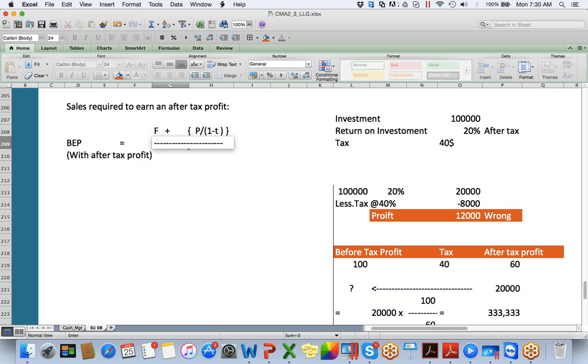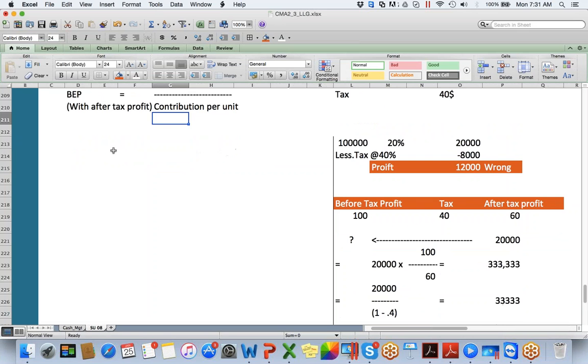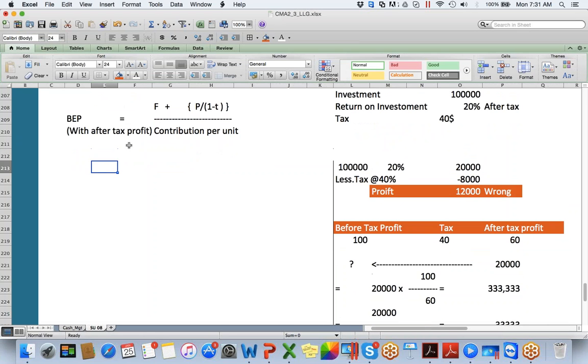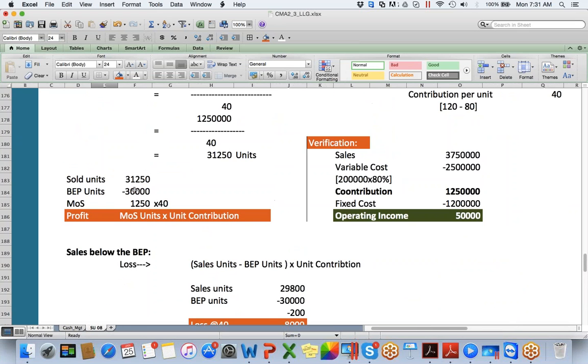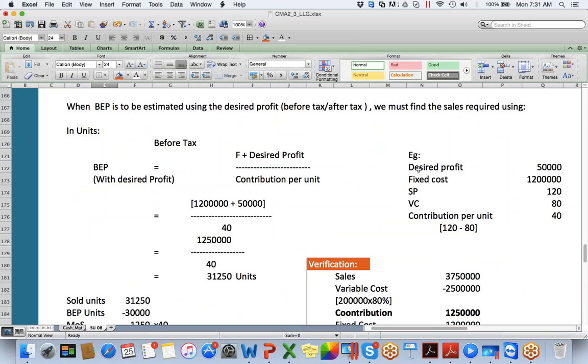divided by contribution margin per unit. Yeah, this will give you the number of units for the after tax profit. Now let's see how many units are to be sold. So let us take the same example here.